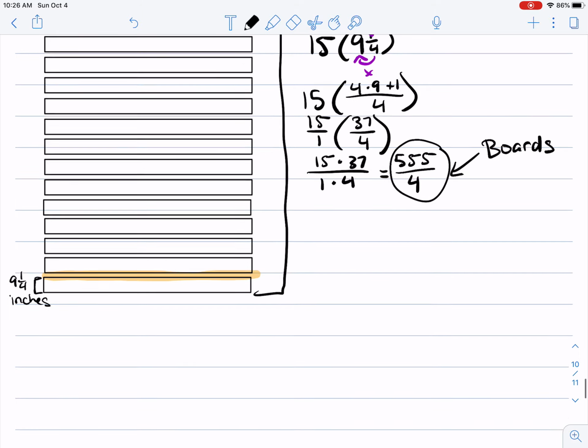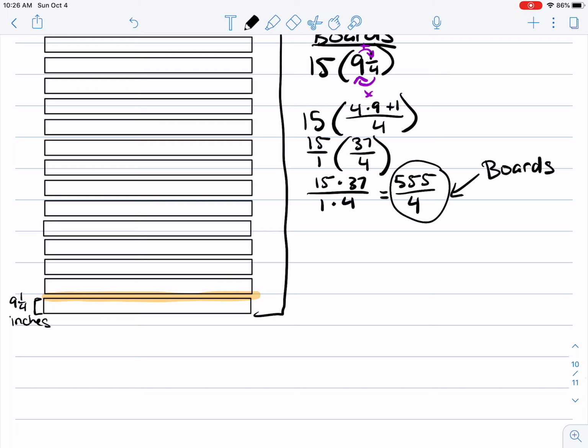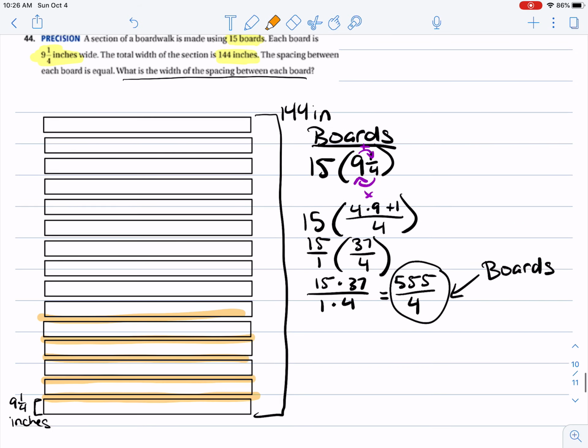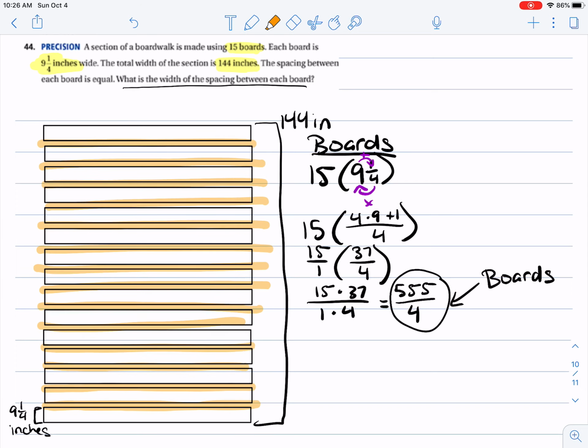Now I need to figure out how much space is left over for just the gaps in between all of these gaps. Okay, and the way that I do that is I need to take 144 minus that space I got for the boards.